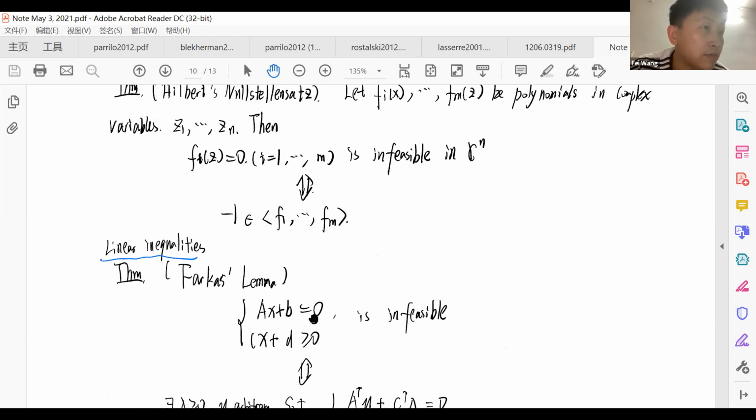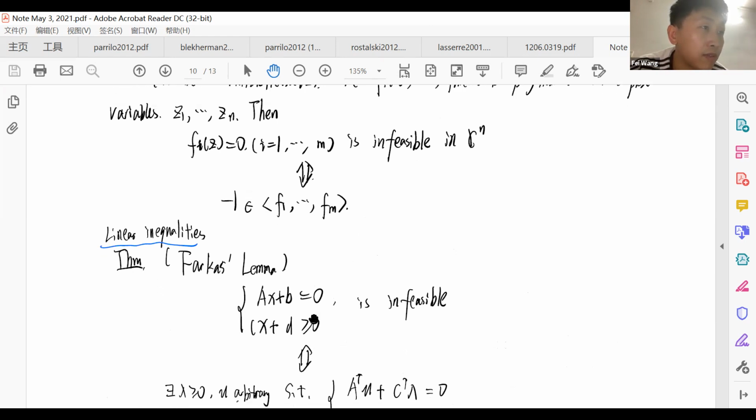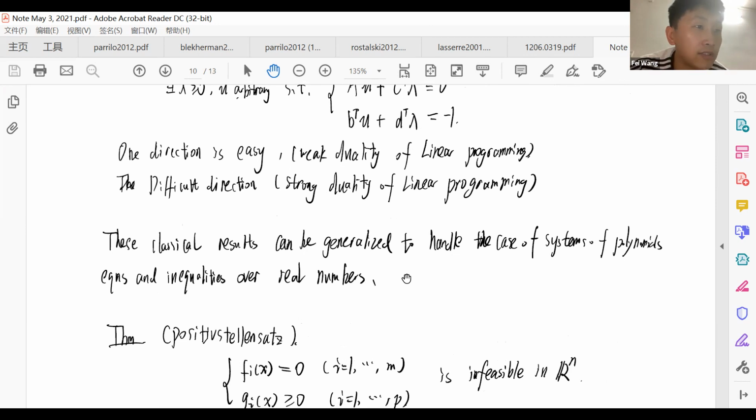Now we want to generalize this to the reals, right? These classical results can actually be generalized to handle the case of systems of polynomial equations and inequalities over the real numbers.